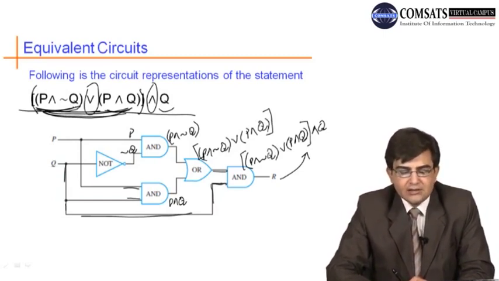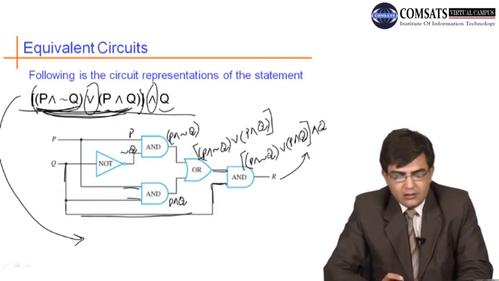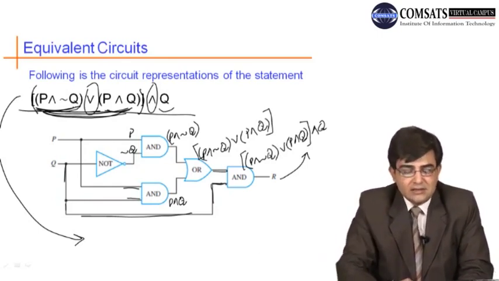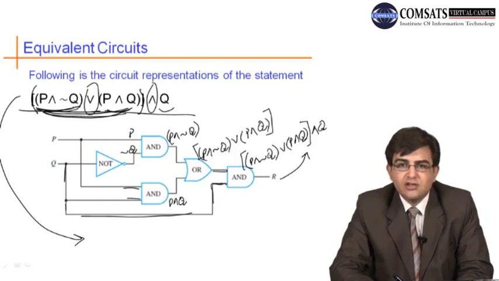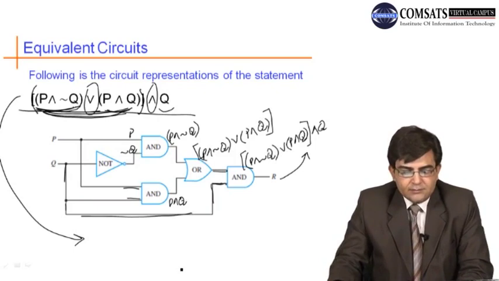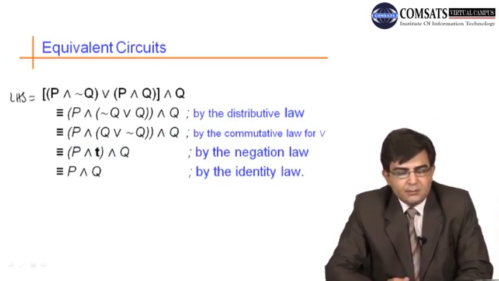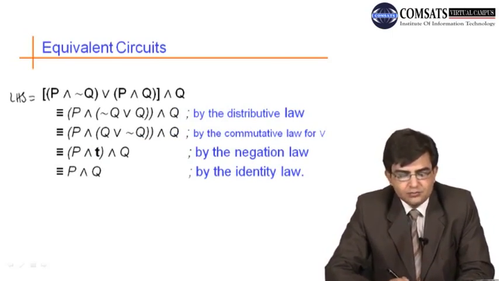Such laws or rules of logic we can use to simplify such long and complex Boolean expressions. So here we try to simplify this expression using the rules of logic, and then we see what happens. We consider the left hand side, P and not Q, or P and Q, whole bracket, and Q.